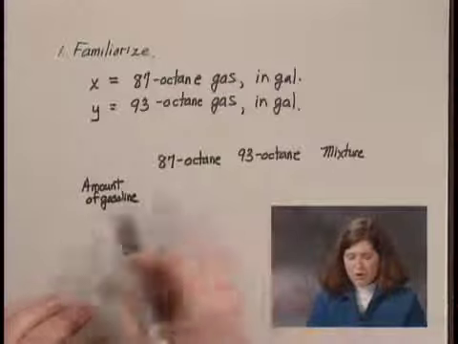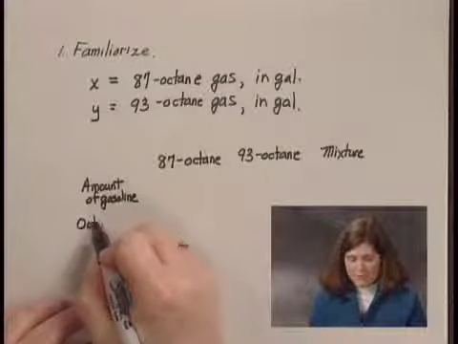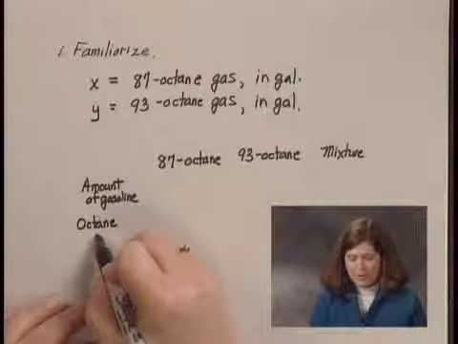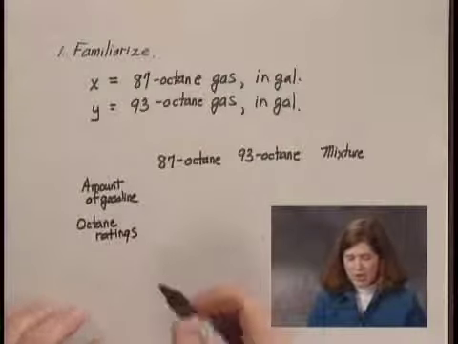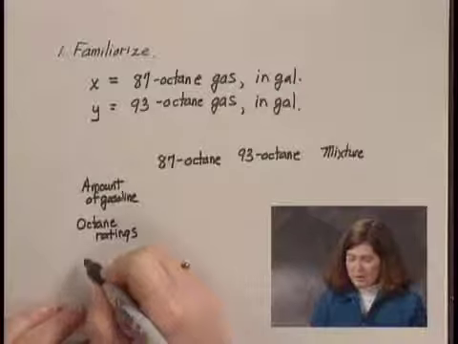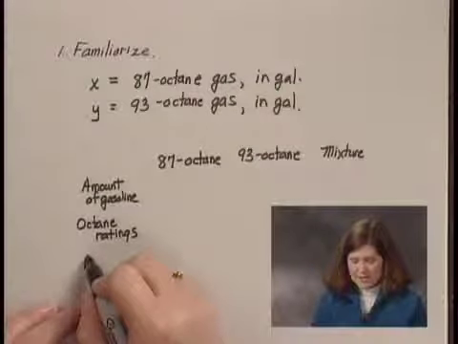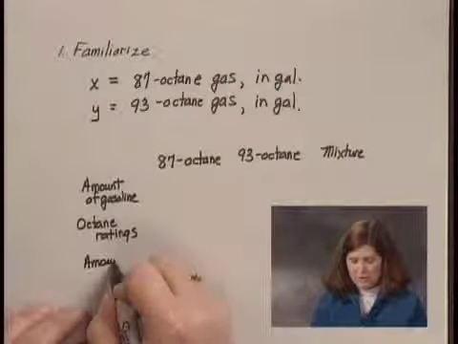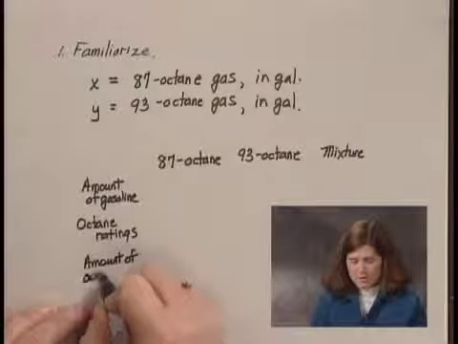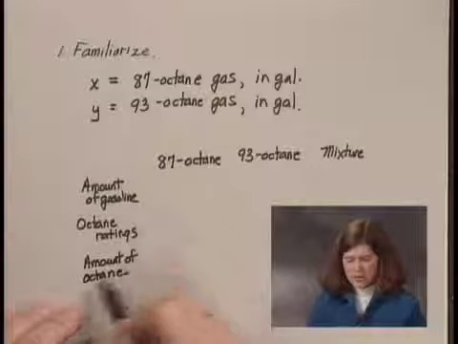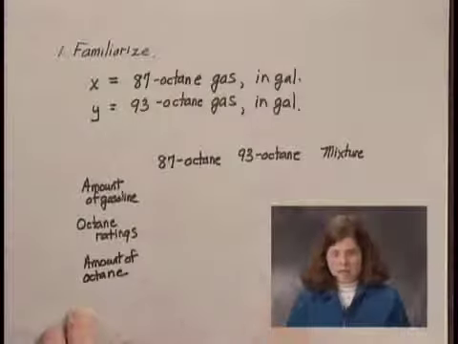In the middle row, we'll just write down the octane ratings to help us keep track of our information. In the bottom row, we'll look at the amount of octane, or how the mixture and the octane are going to go together.